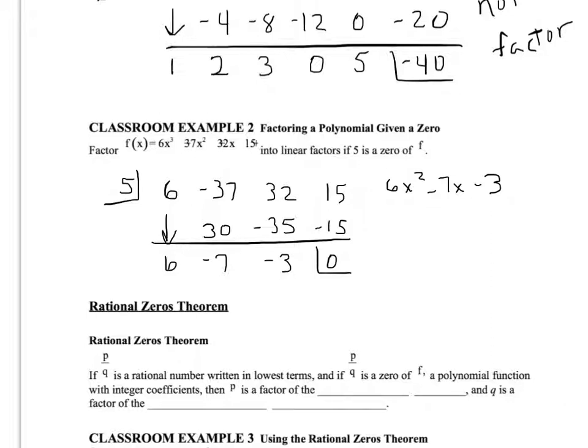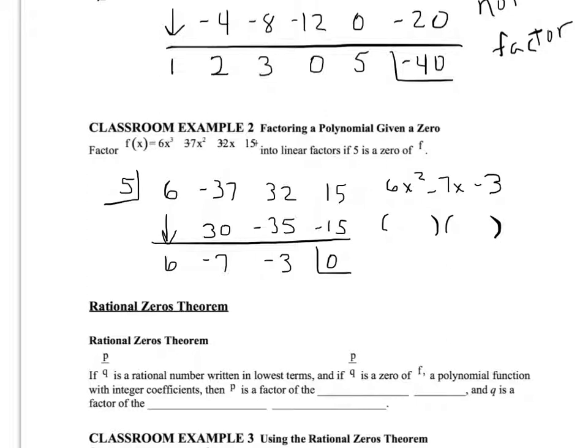So whatever method you want to use, if you would like to use the AC method, you may certainly do that. If you simply want to open parentheses, do a little guessing and checking to get it factored, whatever method you prefer.